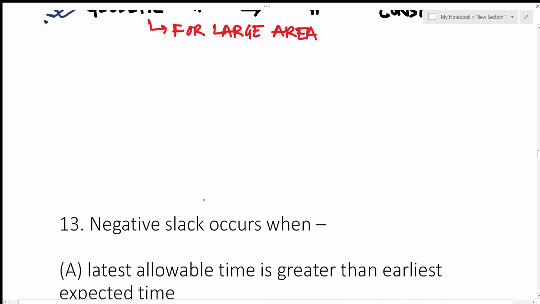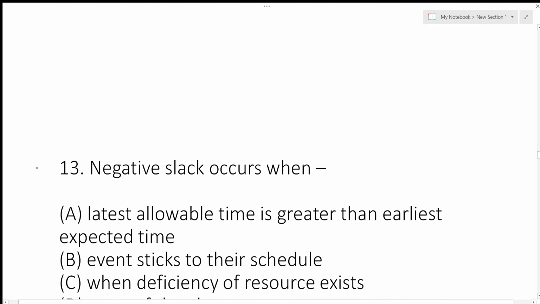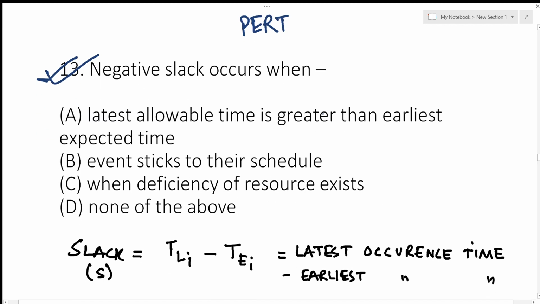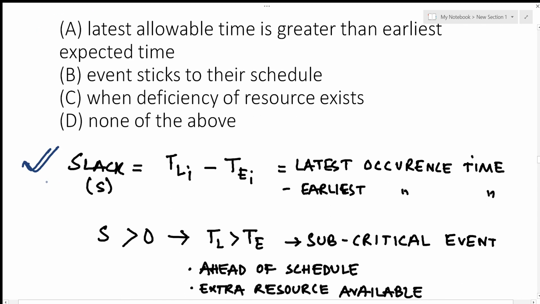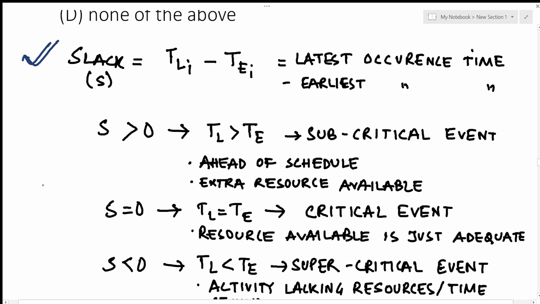Next question, negative slack occurs when. This is from PERT. Now slack is nothing but the latest occurrence time minus the earliest occurrence time. So when the slack is greater than 0, that means TL, or the latest occurrence time, is greater than TE, and it is known as subcritical event.